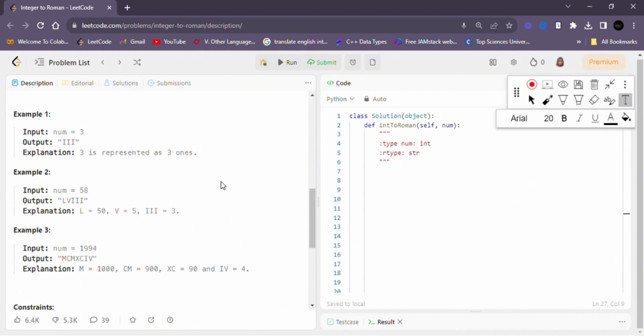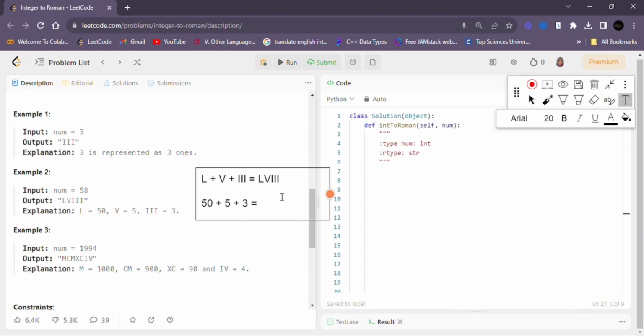Let's try to understand it. We have L plus V plus three ones, which equals LVIII. In numbers, L means 50, V means 5, and three ones mean 3.